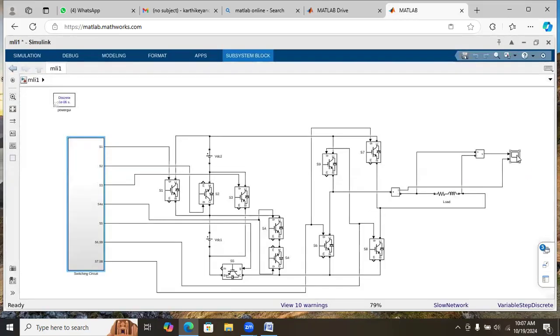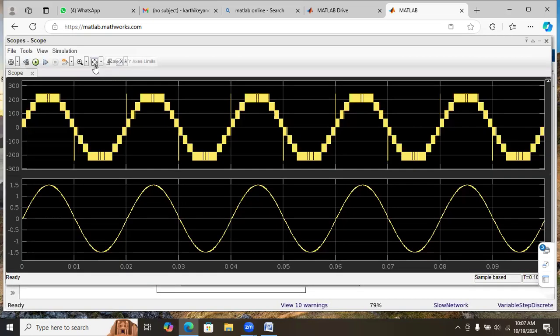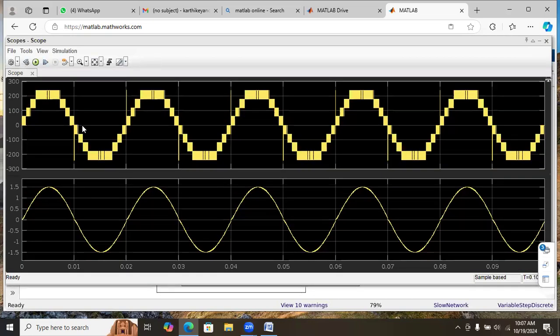And these are the output voltage and current waveforms. Here, level 1, 2, 3, 4, 5, 6, 7, 8, 9 level we are getting. Due to the inductive load, that is RL load, we will get the output current as nearly a sine wave.